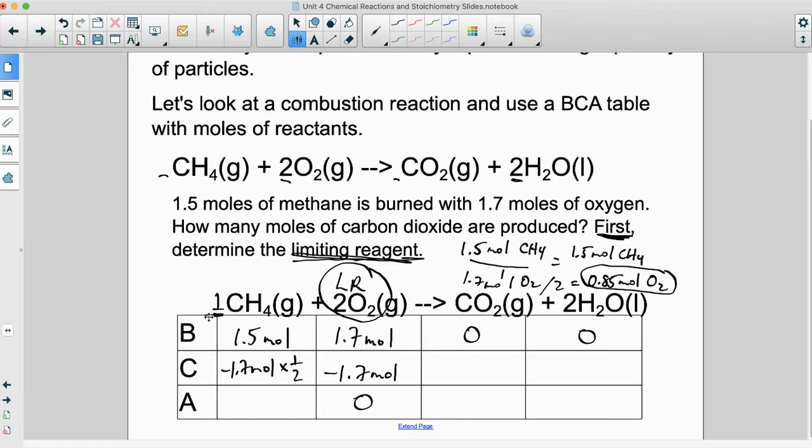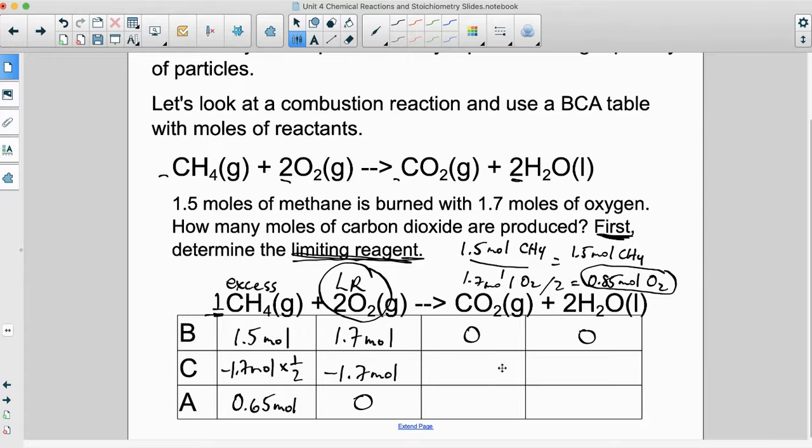I'm going to get half as many CH4 moles, so that's going to be my 0.85. And then when I subtract, I end up with 0.65 moles of CH4. That's what's going to be left over. This is my excess reactant.